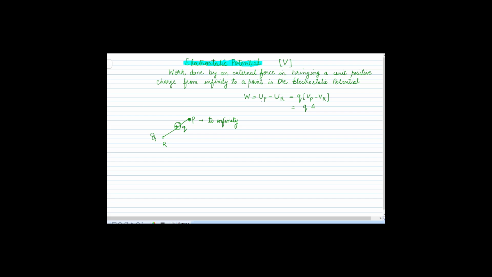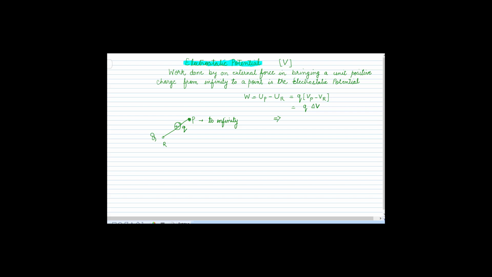Here U denotes the potential energy. So the work done is equal to the difference in potential energy, and this will be written as our test charge Q multiplied with electrostatic potential at point P minus electrostatic potential at point R, or this will be written as Q delta V, where the difference in electrostatic potential is written as delta V. Delta V shows the difference in potential.